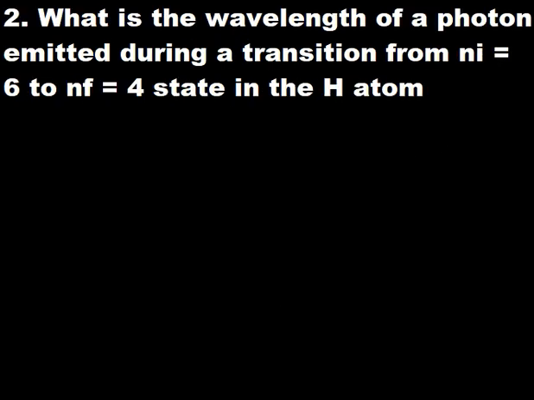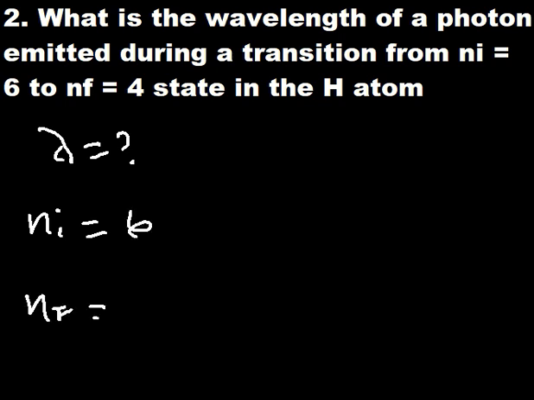And let's say this is the question: what is the wavelength? We are looking for the wavelength, which is lambda, and we have the initial energy level, which is 6, and the final energy level, which is 4. We should find the wavelength as well.